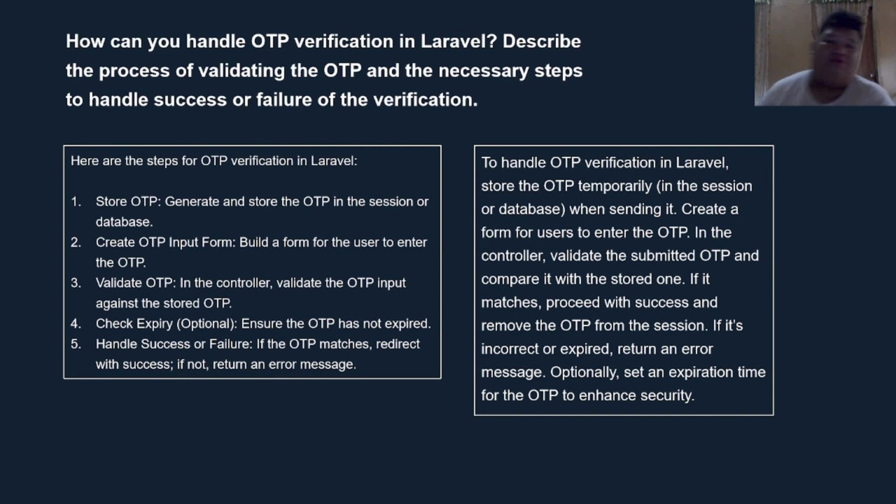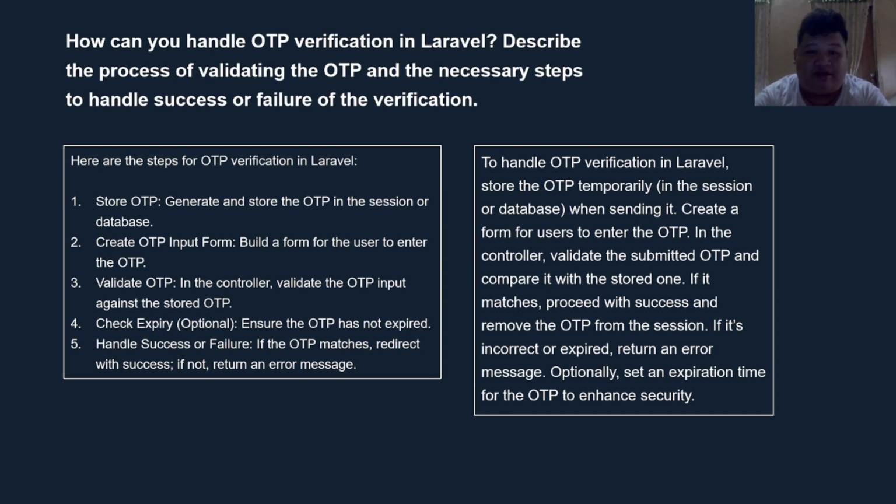How can you handle OTP verification in Laravel? Describe the process of validating OTP and the necessary steps to handle success or failure in the validation. Here are the steps for OTP verification in Laravel. Store OTP, generate and store the OTP in a session or database. Create an OTP input form.